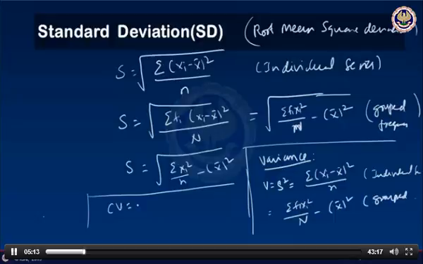CV equals standard deviation by mean into 100. If we want to compare the efficiency or the consistency of two batsmen in a cricket match, we find the coefficient of variation between the two batsmen. The lesser the coefficient of variation, the more the consistency in their performance. We can conclude like that.